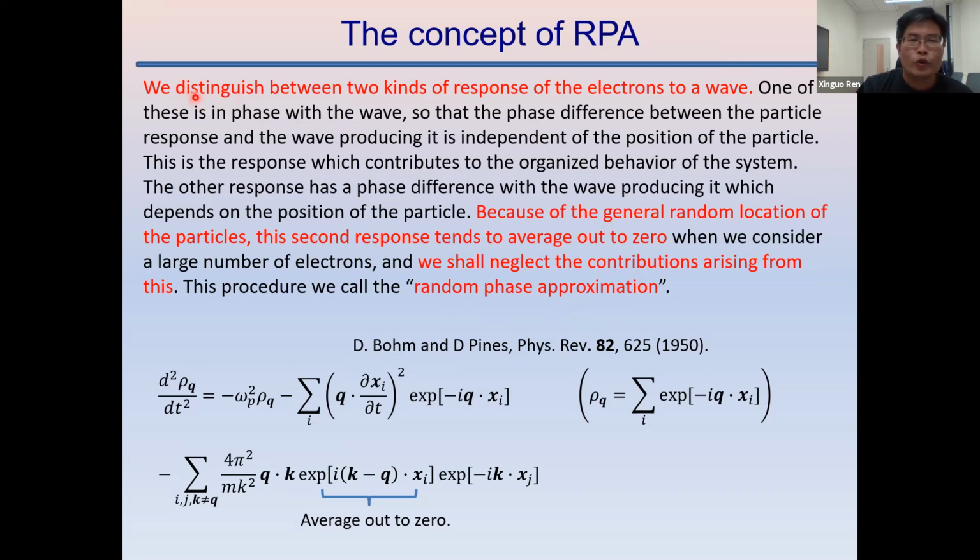When you apply an external electric field to an electronic gas, there are two kinds of response of electrons to the external, oscillating field. One response is in phase with the wave, so that the phase difference between the particle response and the wave producing it is independent of the position of the particle.